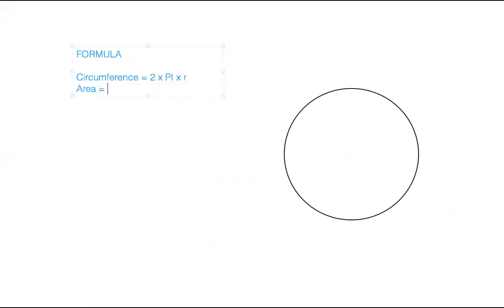Area is pi times r to the power 2. Okay, this is for full circle, where this is your radius. But if in the question they suddenly give you a half circle symbol here, let me try to simply draw one.